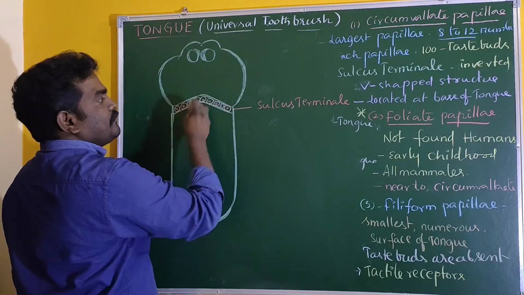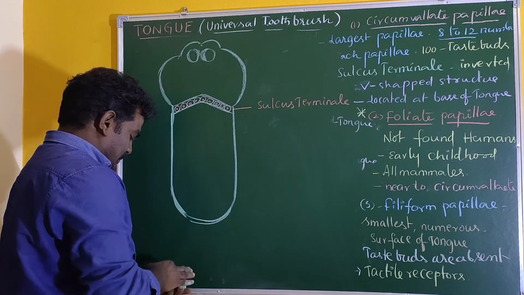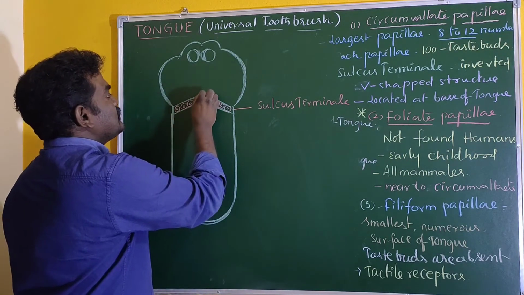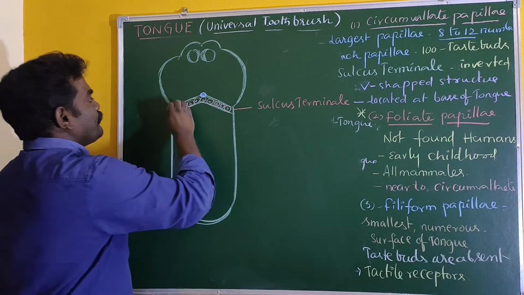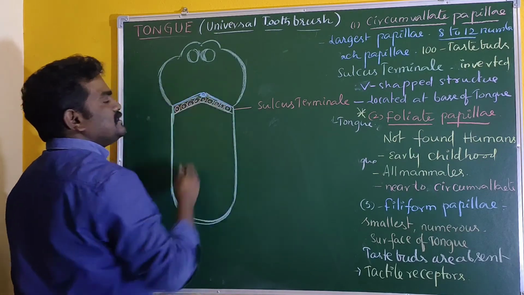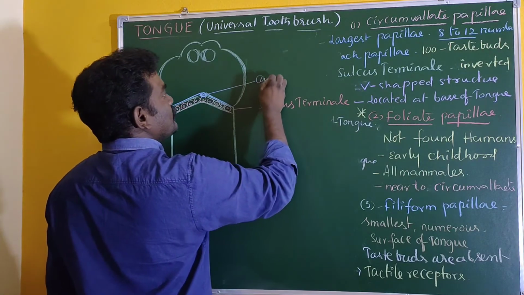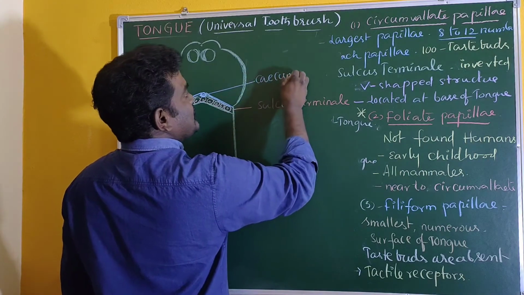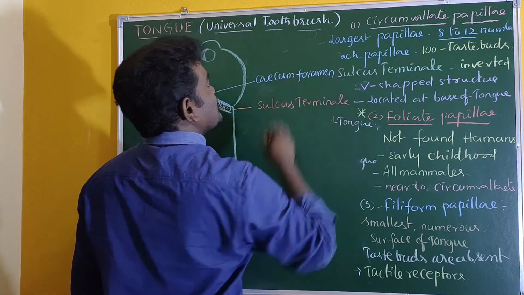At the apex of the sulcus terminalis, we find one more structure, a kind of pit. This pit is known as the foramen cecum.